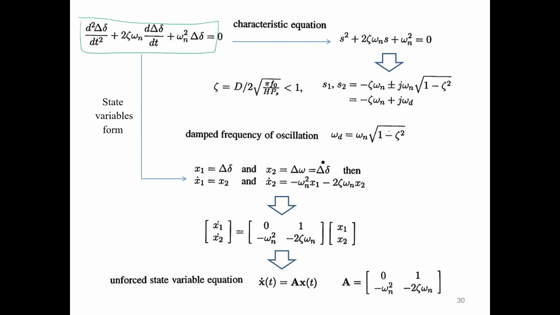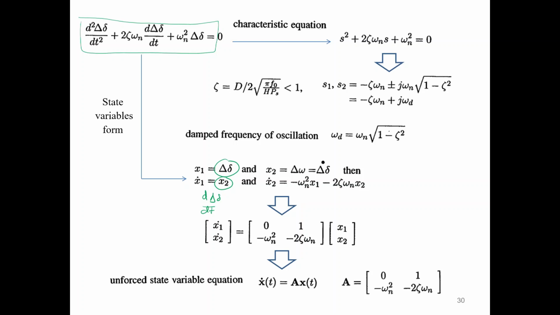If we define the state variable x1 as delta delta, the change of the rotor angle, the derivative of x1 we define as x2, the time differential of the angle difference.